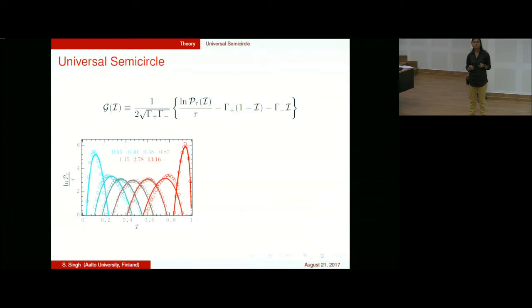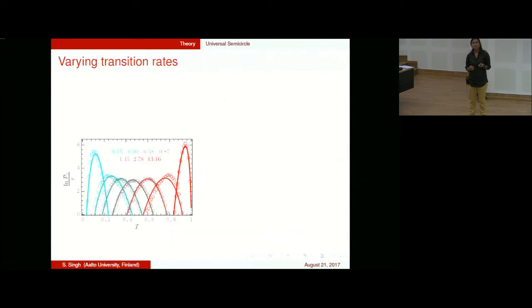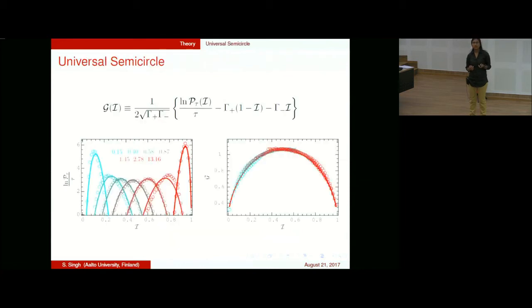We just subtracted this y0 part from the y-axis. So now what we see is that all of them lie on the same semicircle. And here it makes sense that on this part only this red one is dominant, and on this one only the cyan one is dominant, because this doesn't go that far in I, and this red one doesn't go that far in I either, because they are the more probable ones.